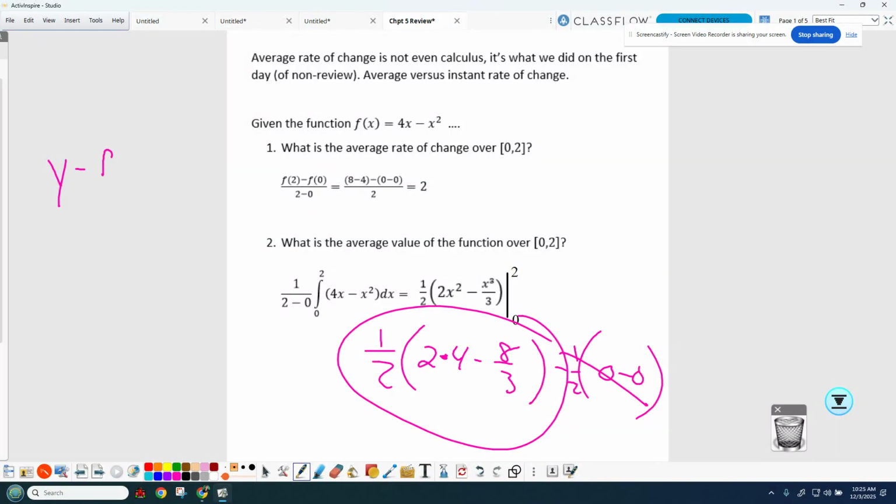Things that are not okay. Even if you've said somewhere else, f of 1 is 3, or if it's in a table, you need to show that you know where to get that value, or how to get it.